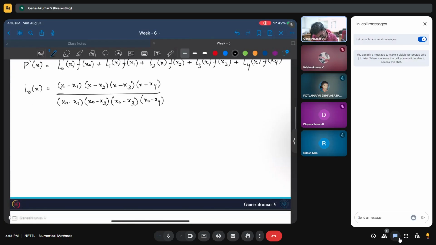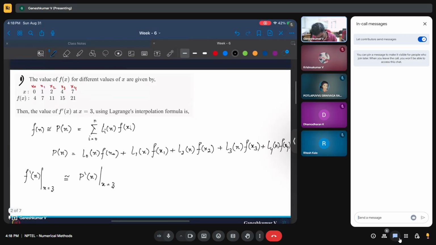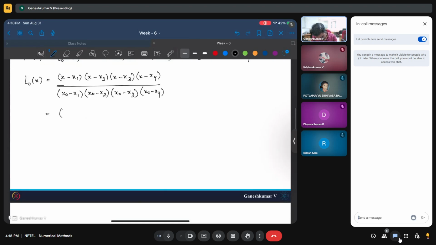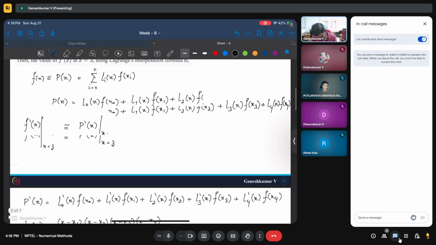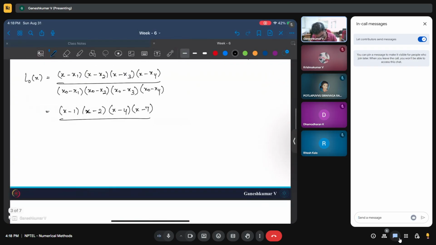So here we will have to substitute the values. So x1 is 1, 2, 4, 7. So this is going to be x minus 1, x minus 2, x minus 4, x minus 7, divided by, x naught is 0. Okay, it made our life easier.